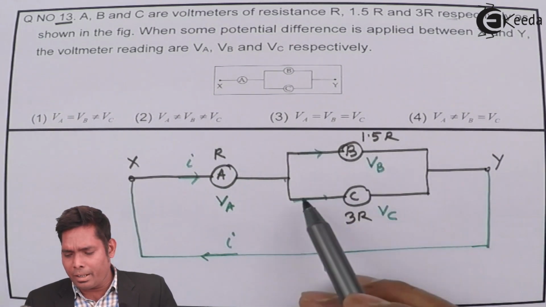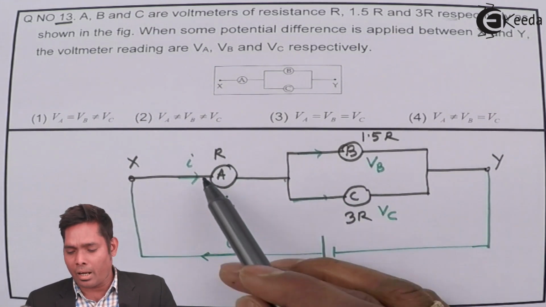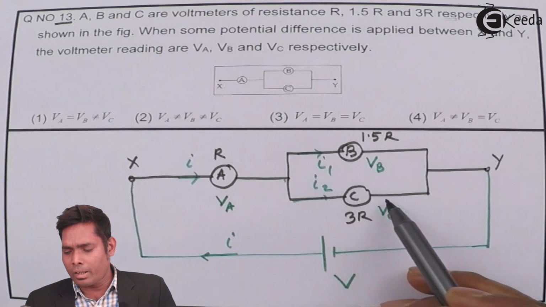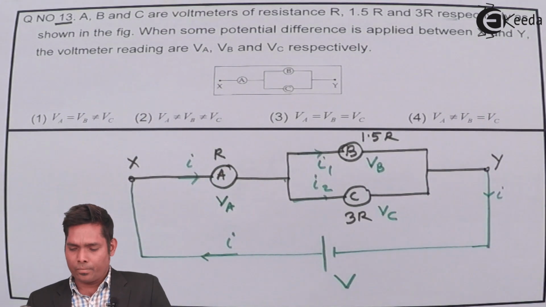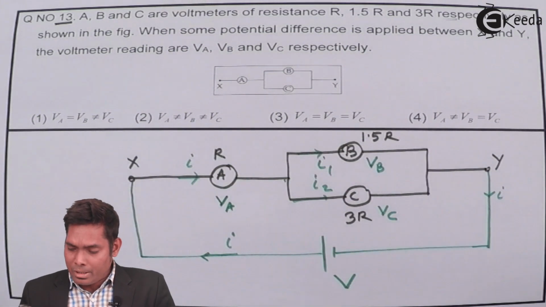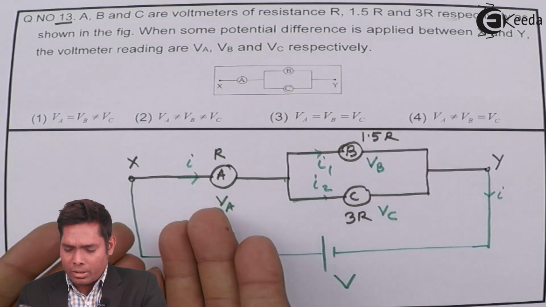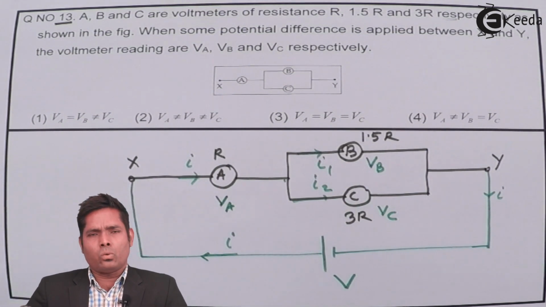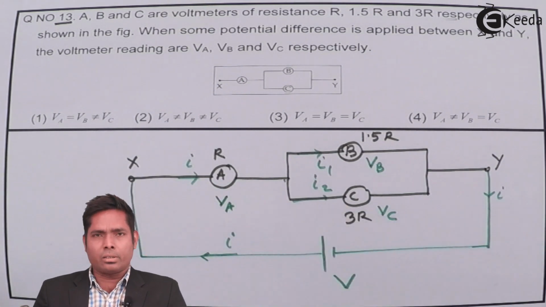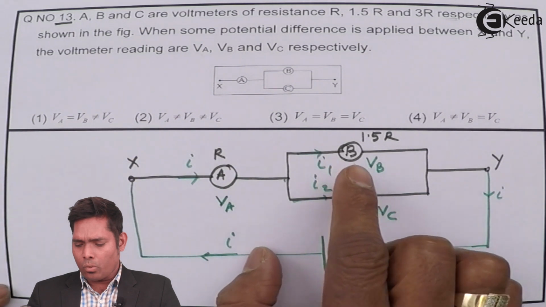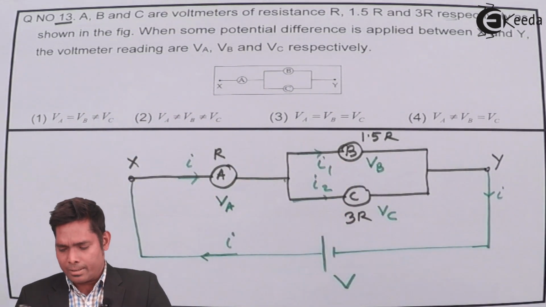Some part of the current will flow through B and the remaining will flow through C out of this I. Suppose the current here is I1 and the current flowing through C is I2, and these two will meet here and make current I. Now our aim is to find the potential difference, what voltage each will read. I can tell you by a shortcut method, or in detail also, but first let us discuss in detail the values of VA, VB and VC and how they are related.